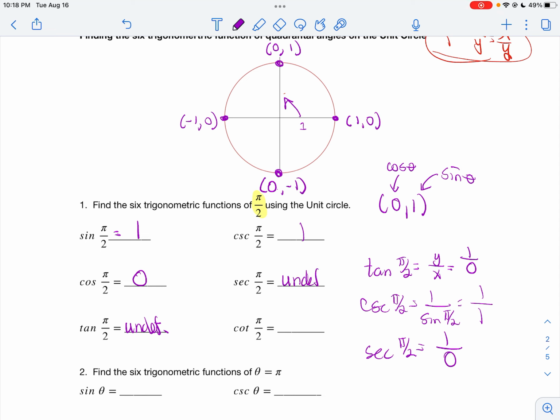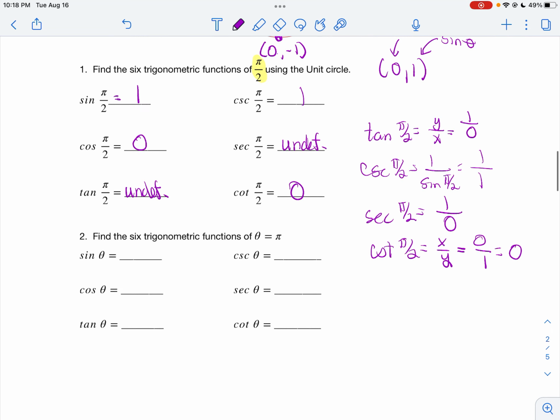Cannot divide by 0, so that's undefined. And cotangent of pi over 2 is 1 over tangent, or remember that's x over y. Our x value is 0, our y value is 1. That simplifies down to 0. Let's do one more.